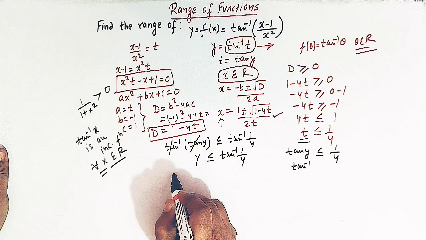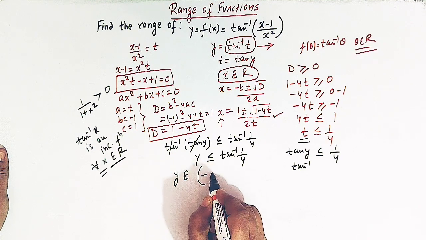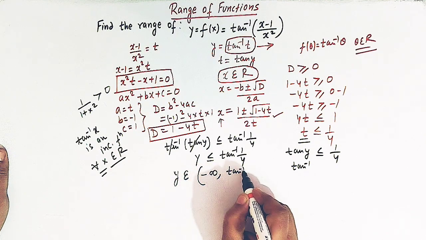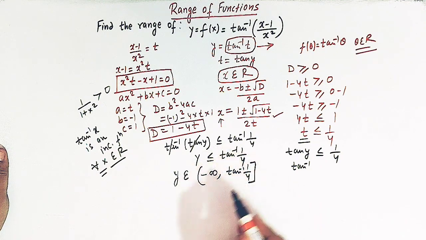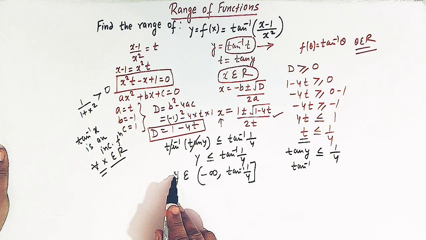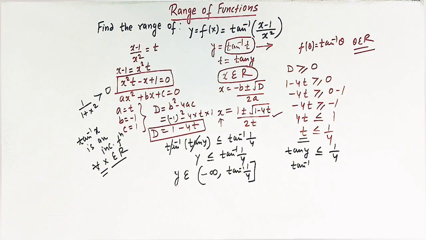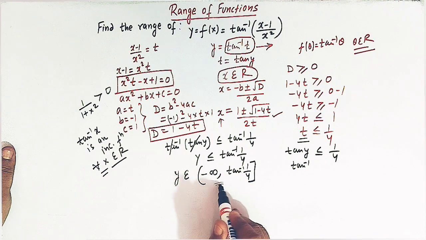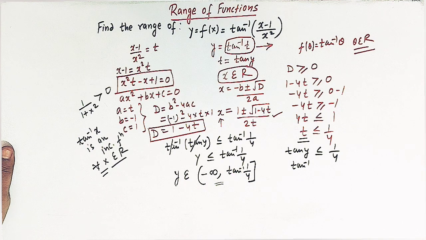So y belongs to the interval minus infinity to tan inverse 1 over 4, and here this value is included. So this is the interval to which y belongs. So viewers, the range of this function is given by this interval, that is minus infinity to tan inverse 1 over 4.